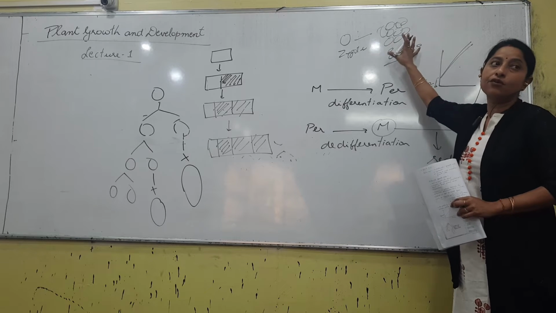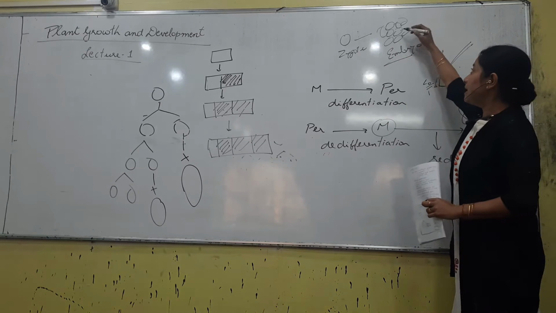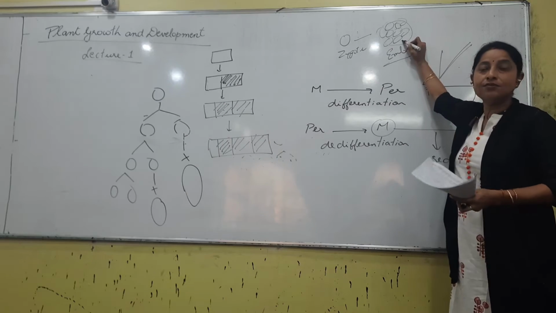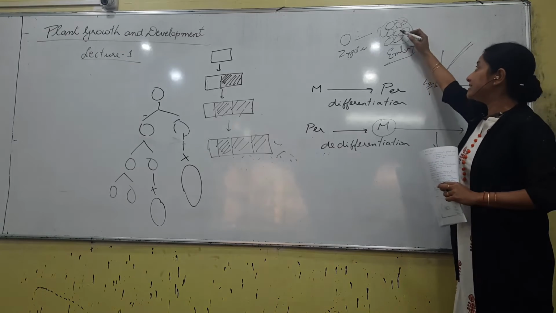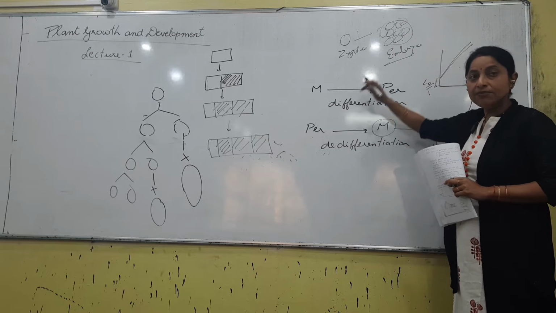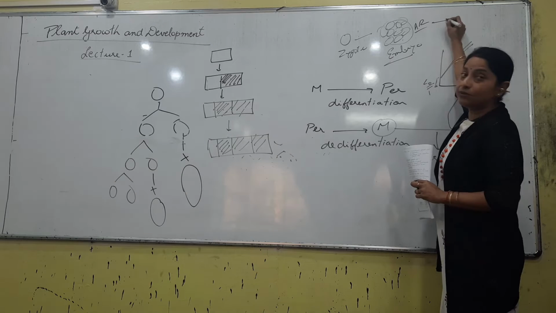Onward from the embryo, a baby plant has to form. If, from this collection of cells, the baby plant has to form, the radical has to form, the plumule has to form, then some cells obviously have to become mature. If you are talking about becoming mature, which type of growth? Arithmetic growth will progress.